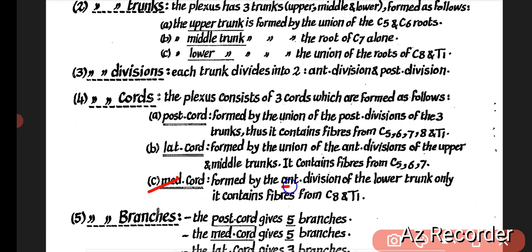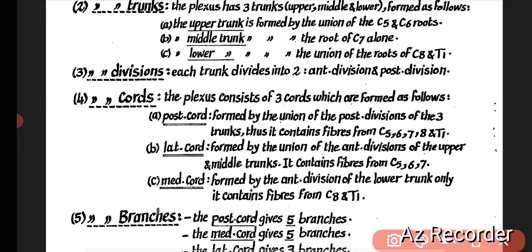It is formed by the anterior division of the lower trunk only, which contains C8 and T1. So basically there are three types of cord. The posterior cord is formed by the union of all the posterior divisions of the three trunks. The lateral cord is formed by the union of the anterior divisions of the upper and middle trunk only, and the medial cord is formed by the anterior division of the lower trunk only.